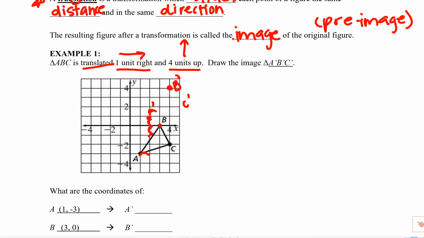All right, so all you have to do now is connect the new points, and there is your figure. So as you can see, there is my new figure. So basically I just moved it 1 to the right and 4 units up.